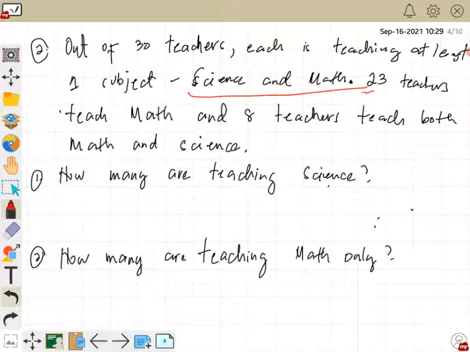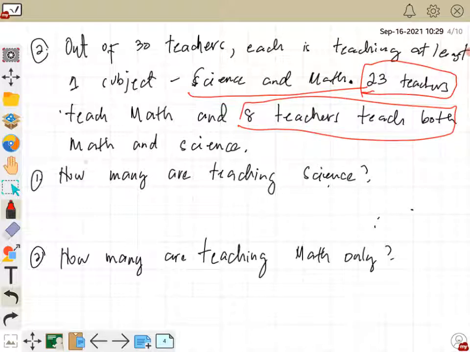The condition says 23 teachers teach math and 8 teachers teach both math and science. Remember, we have 30 teachers in total.